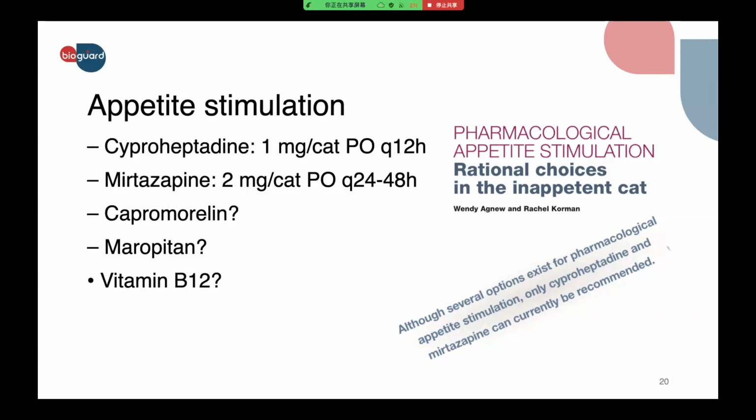There are also some new medicines like capromorelin, and some researchers say maropitant can also be used to stimulate the appetite. But based on the literature right now, only two medicines, capromorelin and mirtazapine, are recommended to stimulate the appetite. I also use vitamin B12 very often. It also has some effect to stimulate the appetite.